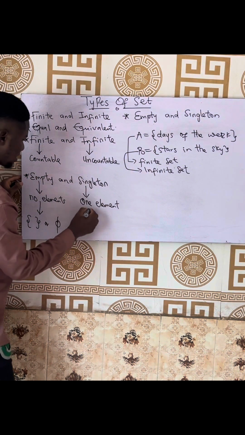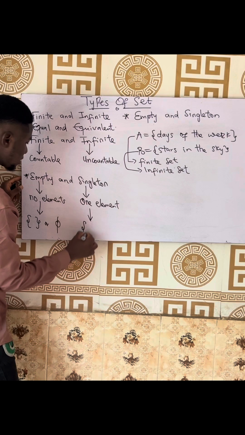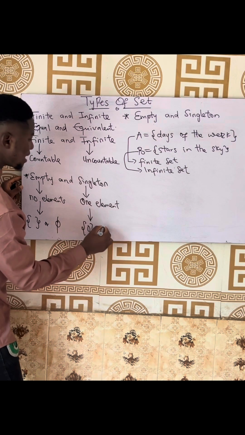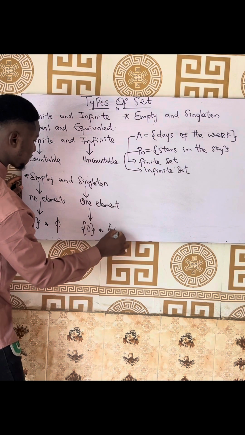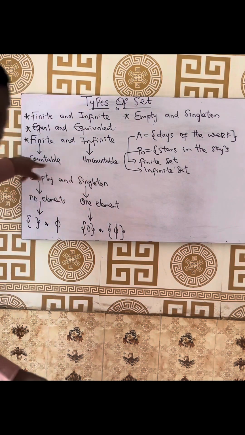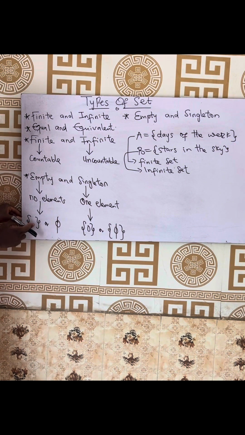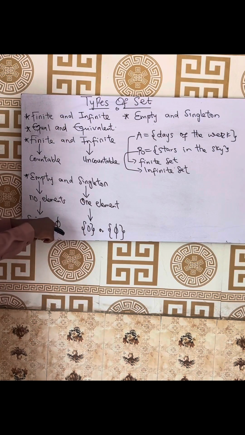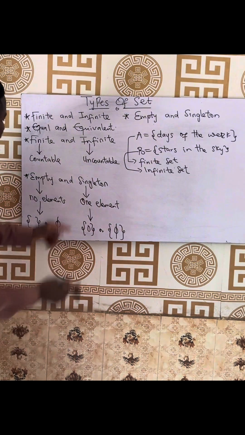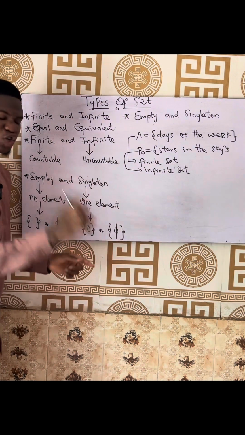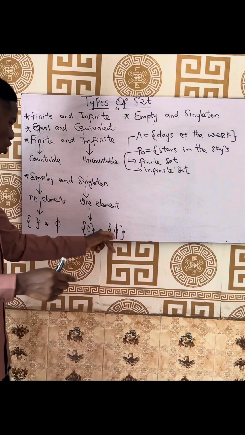But for a singleton set, we can represent it as a set that has only one element, like 0 or 5. So you must not confuse singleton with empty.